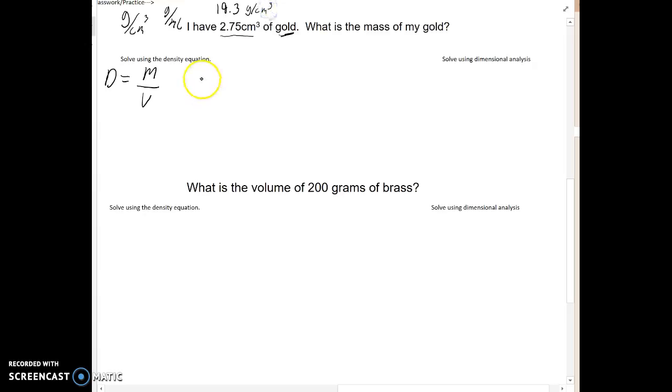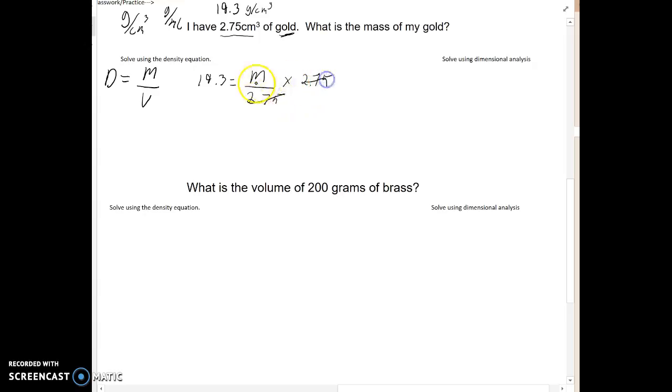So I plug that in for density, 19.3 equals mass, which is what I'm trying to find, that's my unknown variable, divided by 2.75. So to solve, I have to isolate my variable, get it by itself. So I'm going to multiply both sides by 2.75.